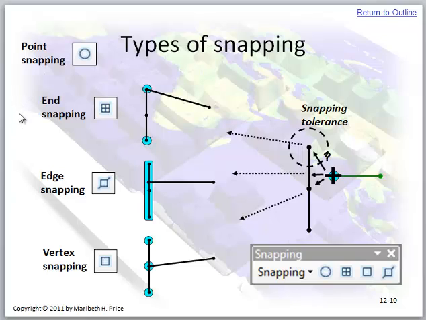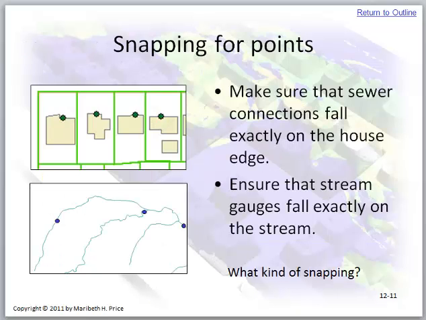Types of snapping. Here we have some point snapping, end snapping, edge snapping, and vertex snapping. It is important to learn what these icons mean if you intend to use snapping, for example, or editing in your project in later courses.